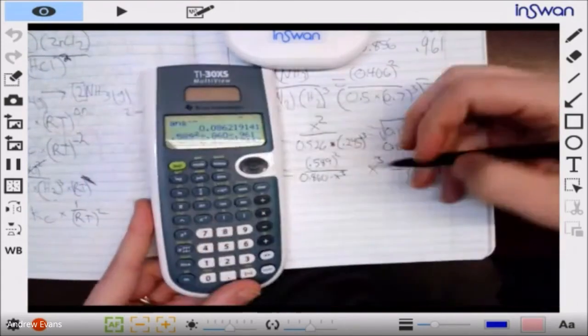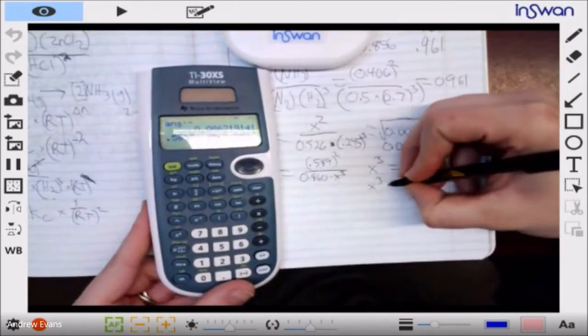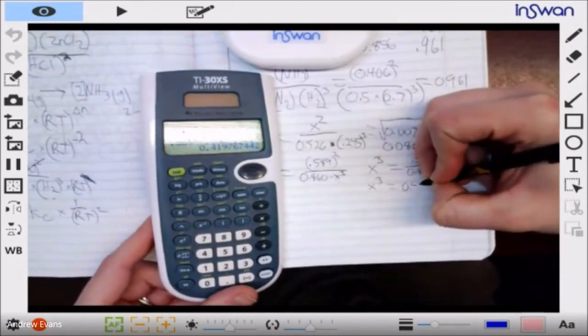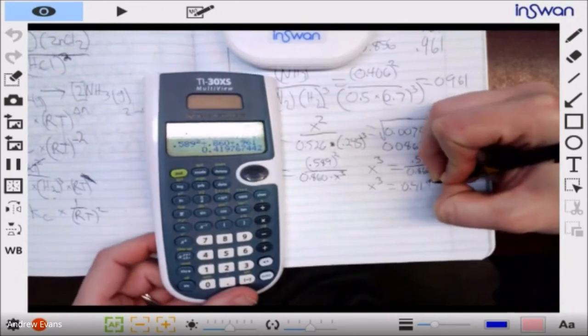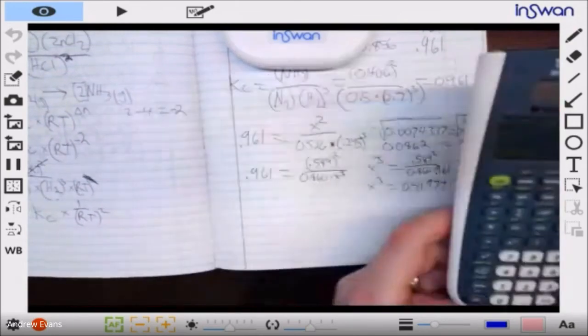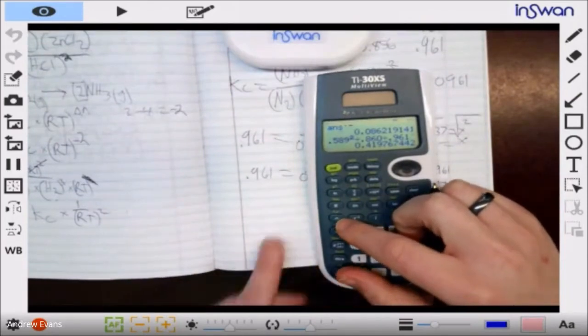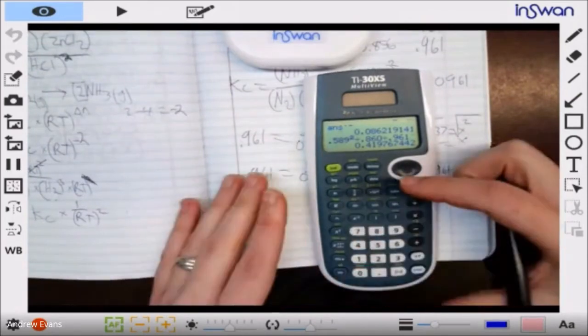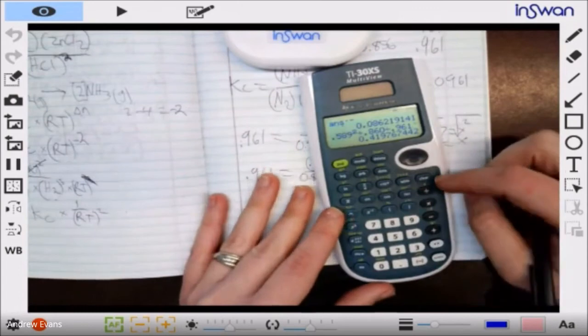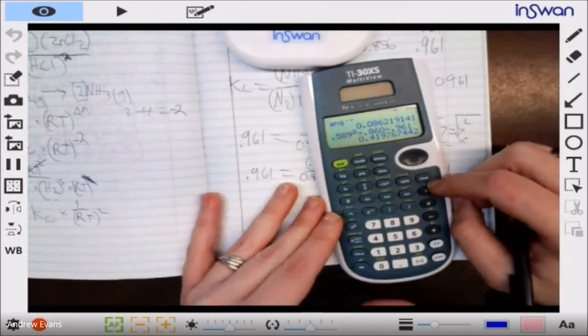You get x cubed is equal to 0.41977. Now to get the third root, my calculator has a root power x function, but you can also raise to the power of 1/3. That also works.